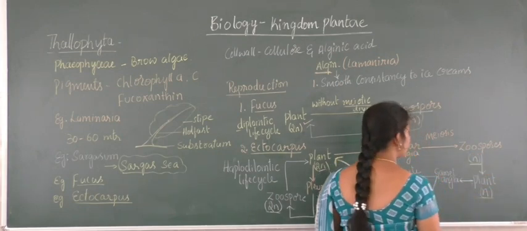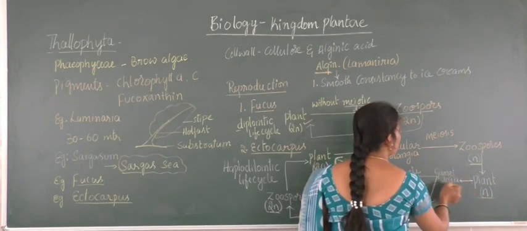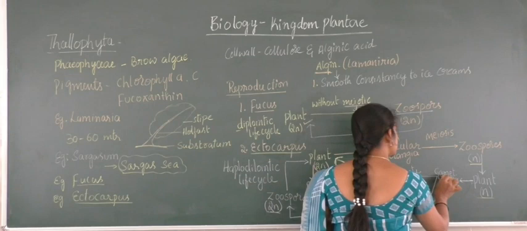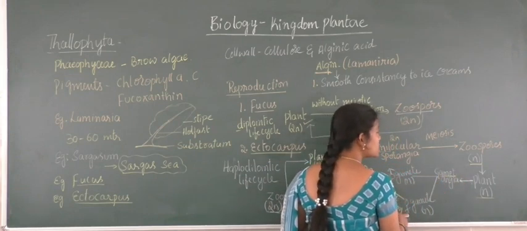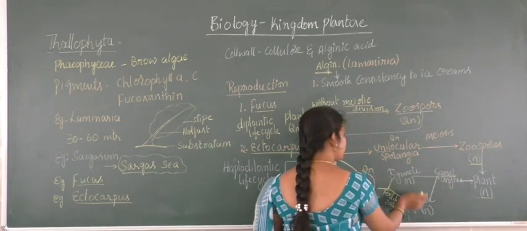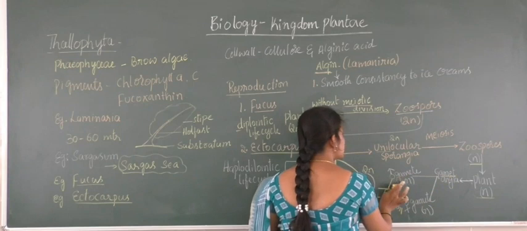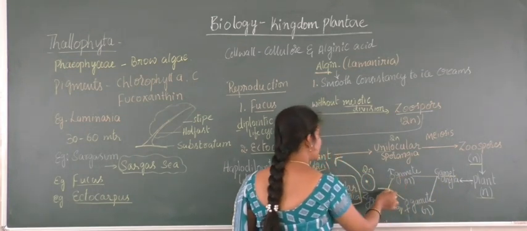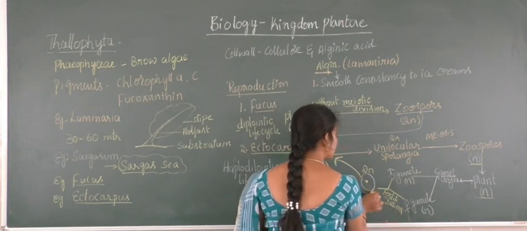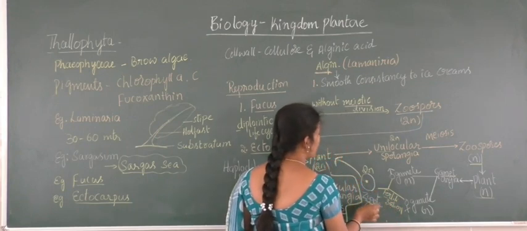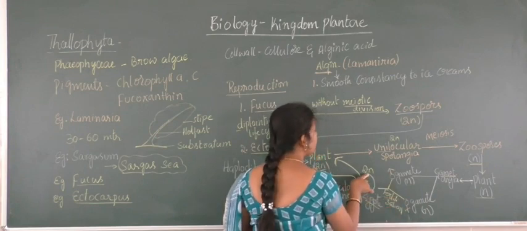Later they will develop a plant body with a haploid stage, and this haploid plant body develops gametangia. Two gametangia are formed, one male and the other female, and male and female gametes, n and n in state, are produced from the respective gametangia and later fuse together in fertilization. By the end of fertilization they develop into a zygote, containing the male and female gamete, that's why it becomes 2n.